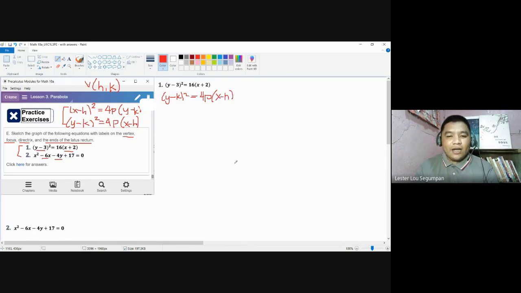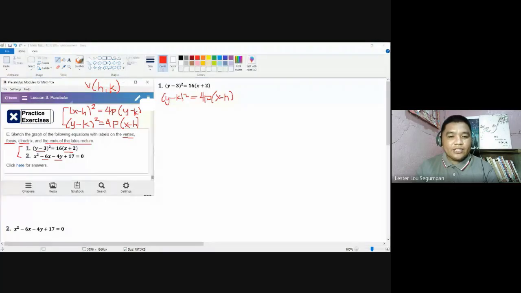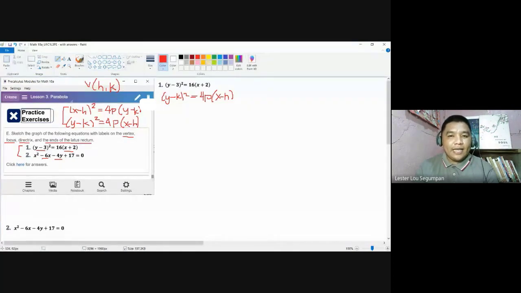Take note that our vertex is still h, k, regardless of whether the binomial with the variable y or the binomial with the variable x is being squared. It doesn't matter, it's still h, k.